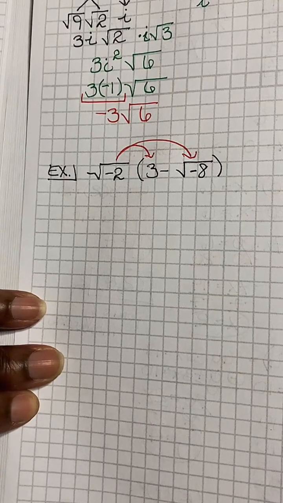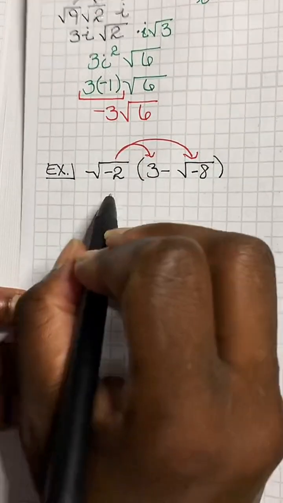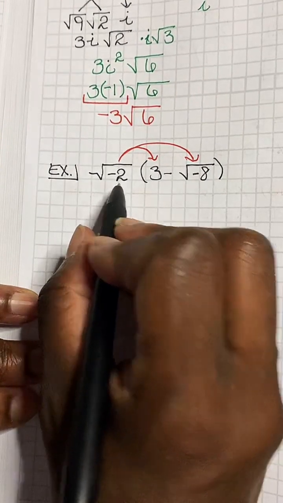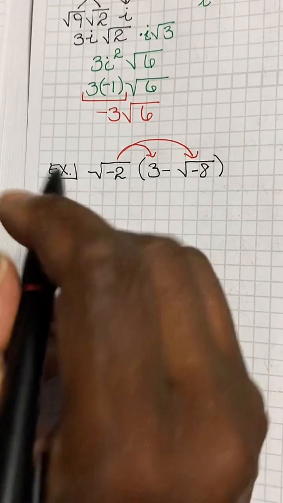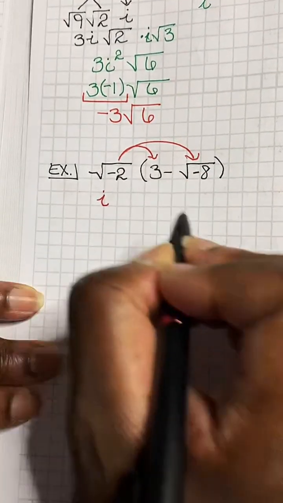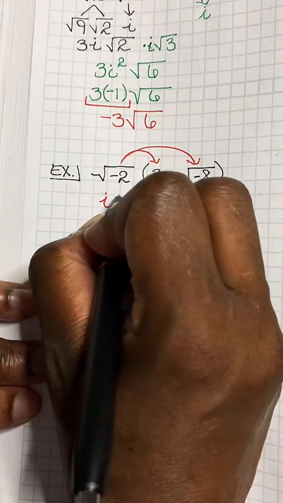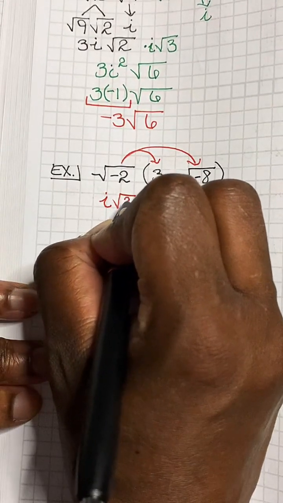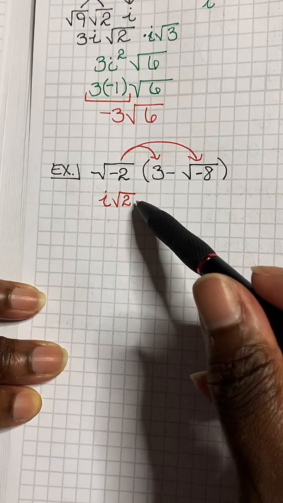Okay. Because we all have to handle that negative. So if I look at this, we're going to have a negative 2. So I know if I factor this out, I'm going to factor out that square root of negative 1, which is equivalent to i. And then we're going to have the square root of 2, because 2 is a prime number.